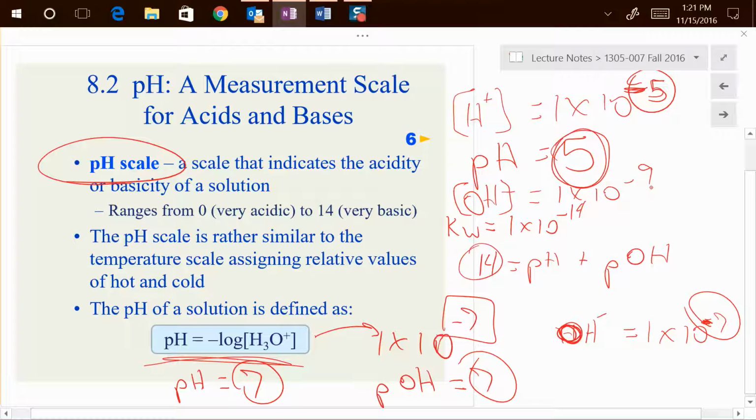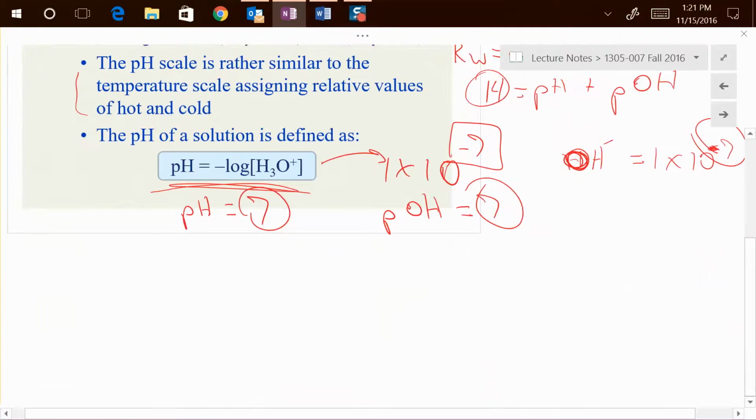So, the pH scale tells us the concentration of the H plus ion. It tells us how much H plus there is in solution and whether we have more of it than OH minus. So if my pH is equal to 10, what is my pOH? 4.